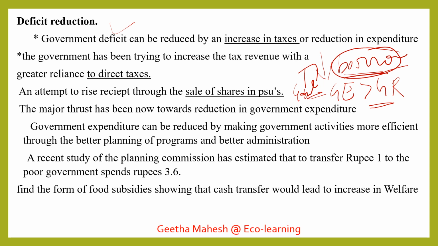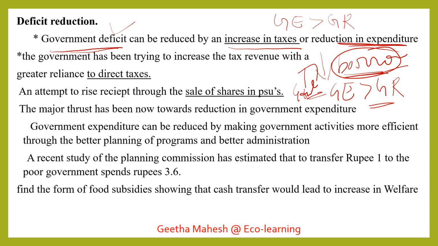Now, what are the measures that government has adopted in order to reduce the government deficit? Government can reduce its deficit by an increase in tax or a reduction in government expenditure. See here what I told. What does deficit mean? When there is a shortage of funds for spending, government expenditure is greater than government revenue.